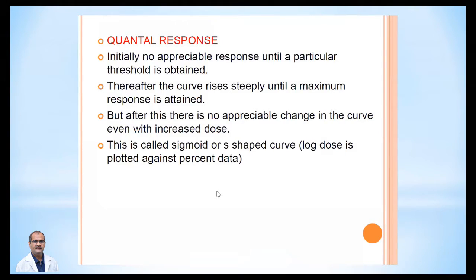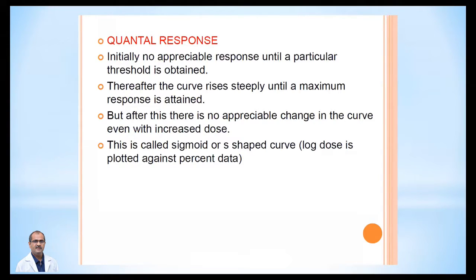The first one is the graded response. As the quantity of the drug is increased, the response also increases, and usually the response is plotted over the log dose. This is the graded response, whereas in the quantal response, initially there is no appreciable response until a particular threshold is obtained.